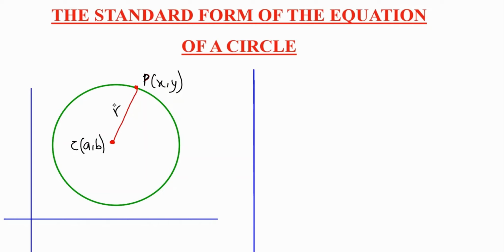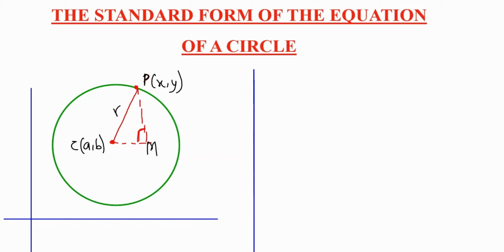Joining this, we can see that we are going to form a right-angled triangle, knowing well that this is our 90 degrees angle. Here we have C, here we have P, and we can also represent this point by M.